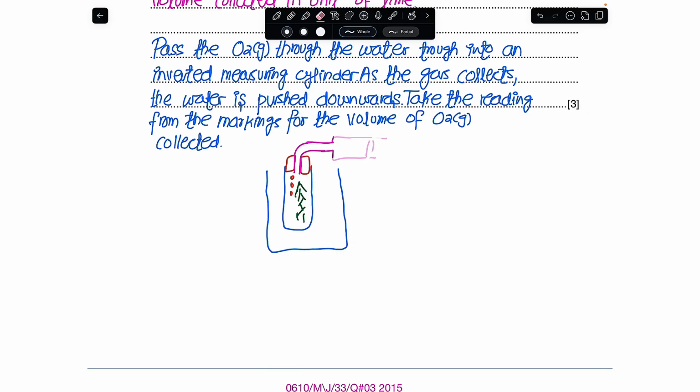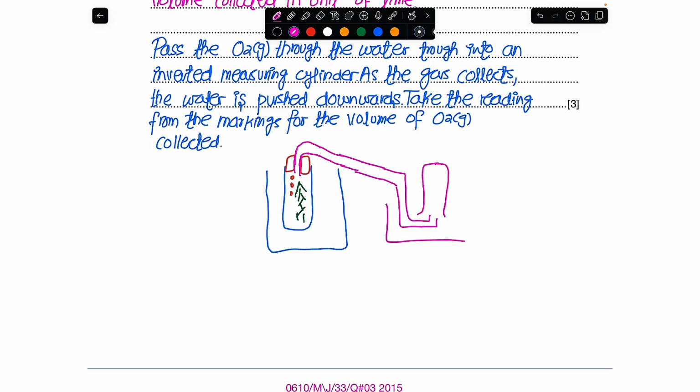Another alternative way of collecting the oxygen gas in order to calculate the rate of photosynthesis would be to take a delivery tube from here, and the bubbles of oxygen gas would come into it. What we would do is cause this oxygen gas to displace the water that we would have in an inverted measuring cylinder, and here we would have the water trough.